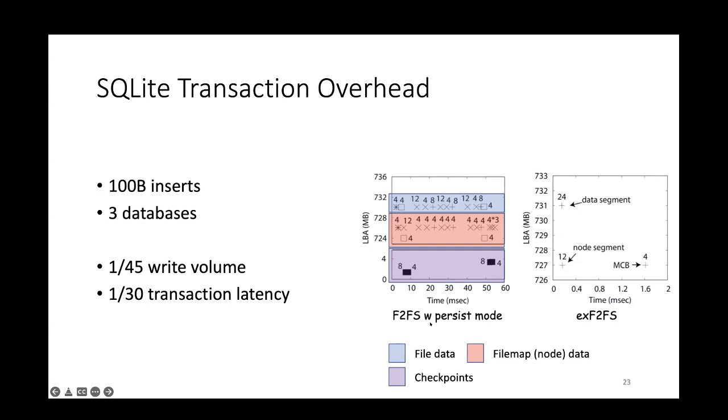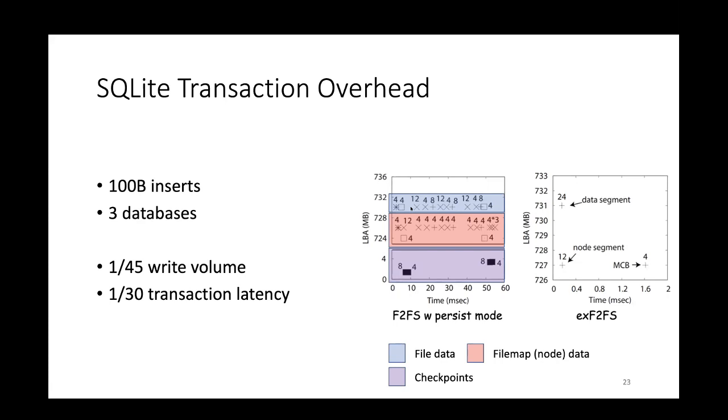We have F2FS, because there's no transaction support at the file system level, as we talked about before, to deal with these rollback files, which were always F-syncing manually. And this is what we see here.